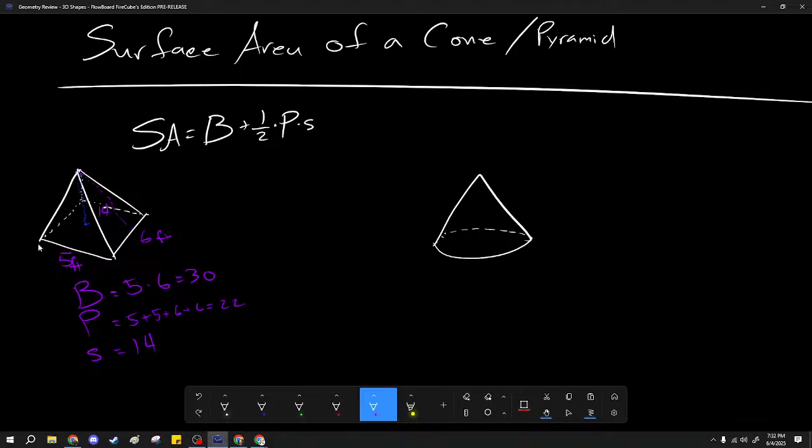I now have all pieces of information to plug in. Surface area is equal to the area of the base, which is 30, plus 1/2 times the perimeter, 22, times the slant height, 14.